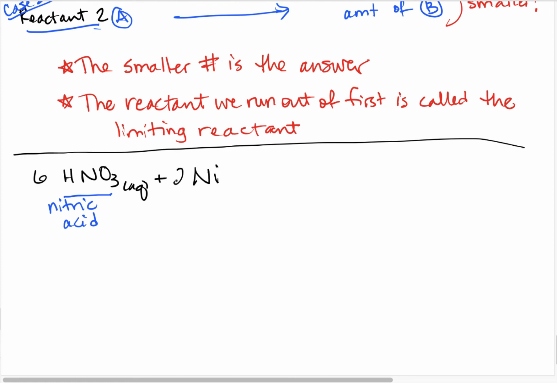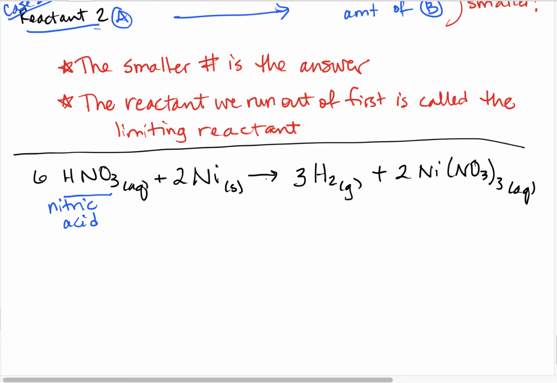I decided on nickel, which would be a solid. And when metals and acids react, they often make hydrogen gas. And that's what's happening here. We're going to make some nickel nitrate. And we're going to make some hydrogen gas.